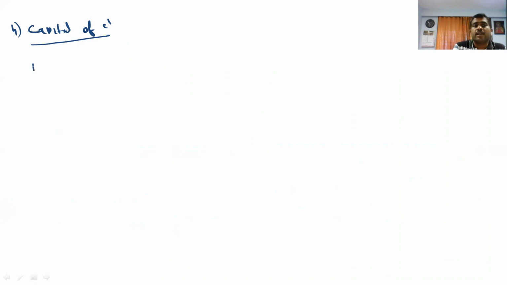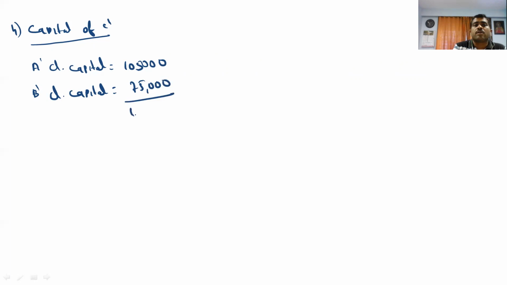So let's see A's closing capital. What is A's closing capital? It comes to 1,05,000. In the same way, what is B's closing capital? It comes to 75,000. So total comes to 1,80,000. Right?